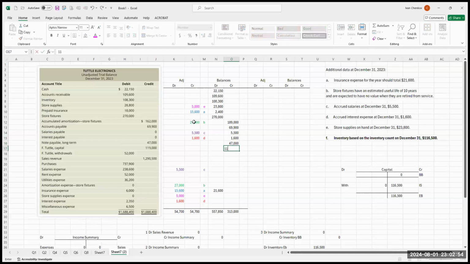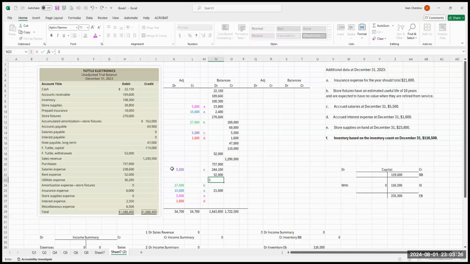Capital, no changes there. Withdrawals, no changes there. Sales revenue, no changes. Purchases, also no changes. The change is going to come to salary expenses. That will be equal to 238,600 plus 5,500. Rent revenue stays the same.